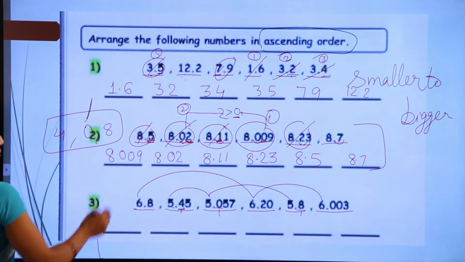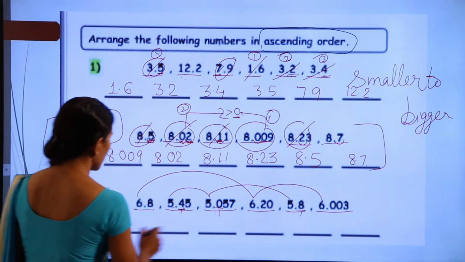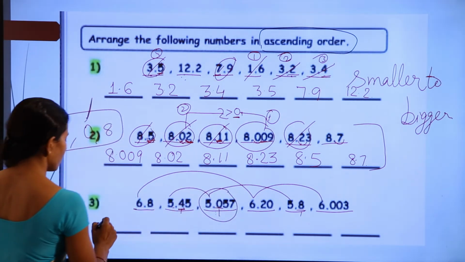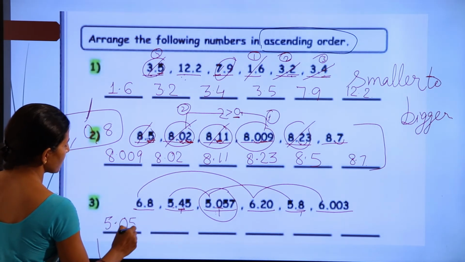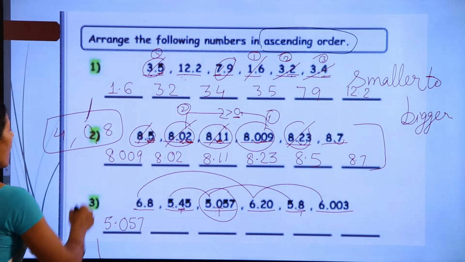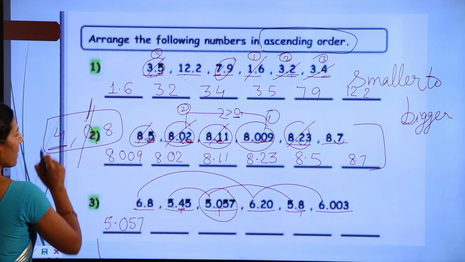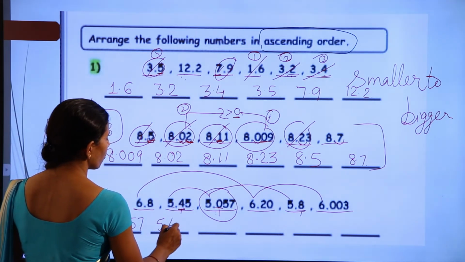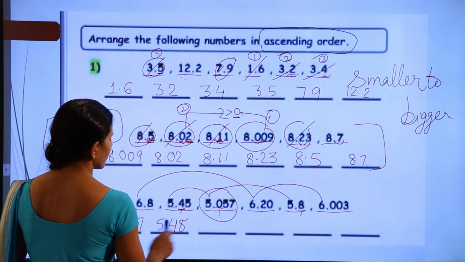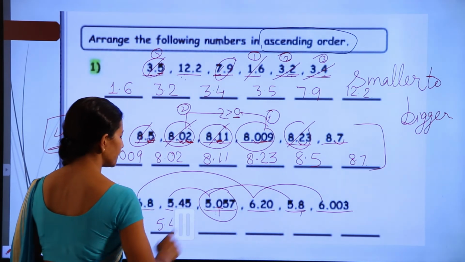0 is smallest. So we write this number on the first place. So 5.057. Right? After that 4 is smallest. So we write 5.45. Okay?